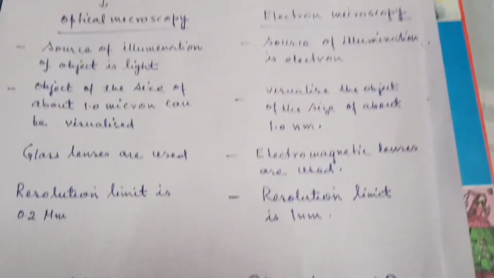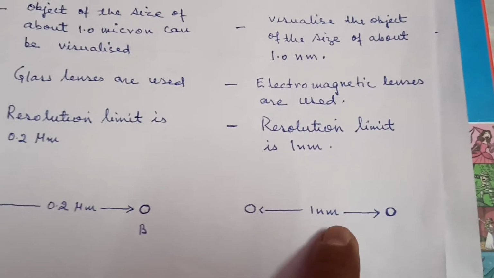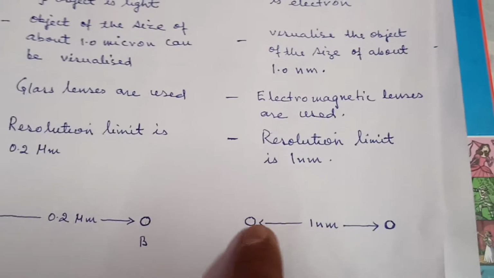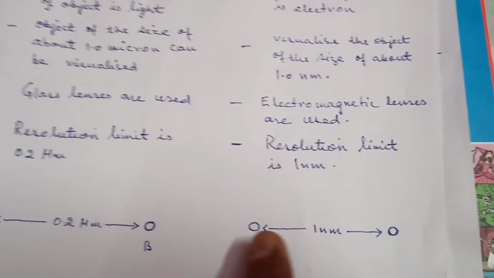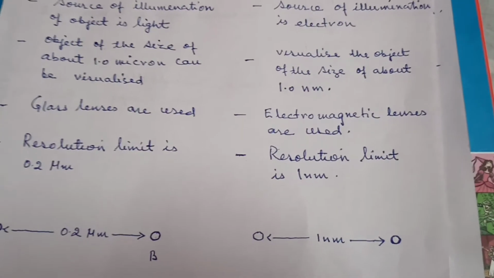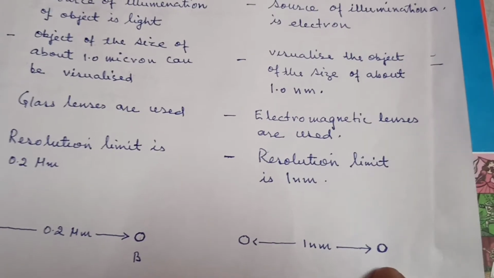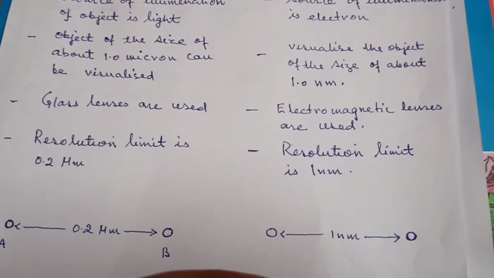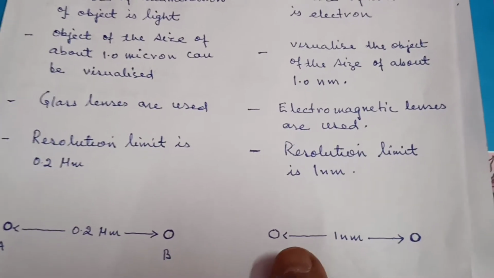But in the case of the electron microscope, if the two objects are present as close as 1 nanometer, they can be distinguished as two different entities or two different points. That means the resolution power is equivalent to the distance between the two points which can be visualized as two different points.